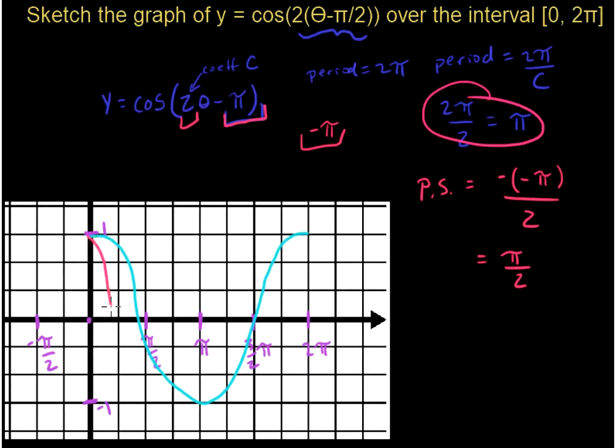So it's going to come down like this, come up, come down, come up, and sloppy, but you can see it's the same thing, it just repeats every pi. So now, I'll just finish this. There we go.